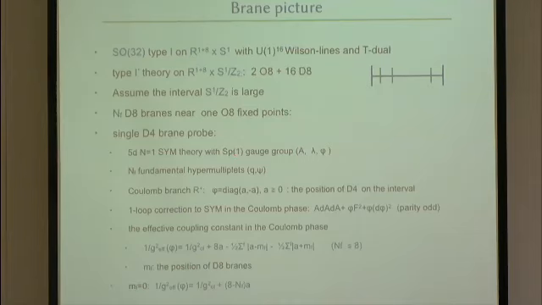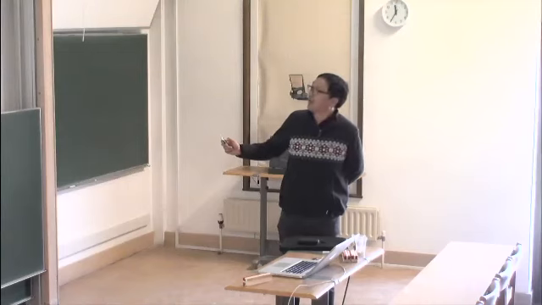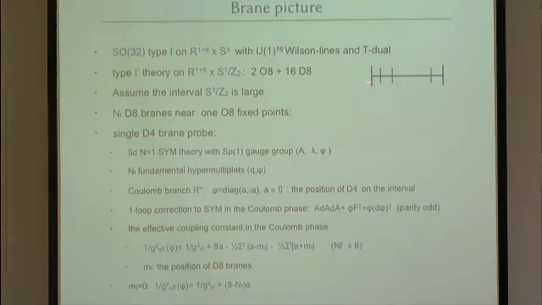And because you have N_f D8 branes, there are N_f fundamental hypermultiplets connecting D8 and D4. This 5-dimensional Yang-Mills theory in the Coulomb branch has a diagonal expectation value, a 2x2 matrix, and this one is a single scalar field. We use the Weyl vector and make the diagonal value positive, and then this value indicates the position of the D4 brane along this interval.